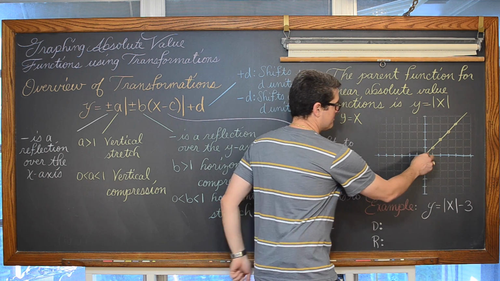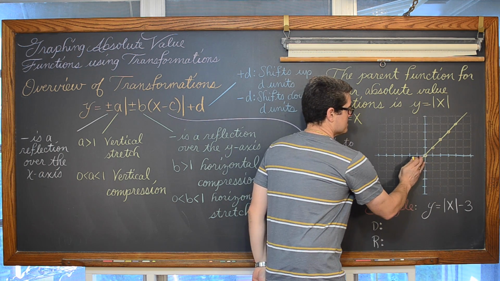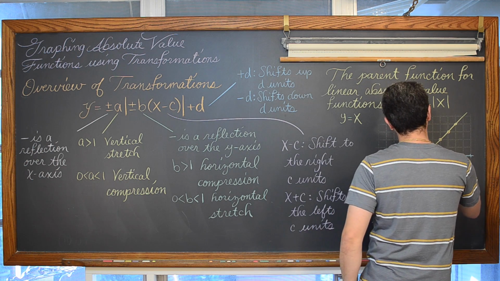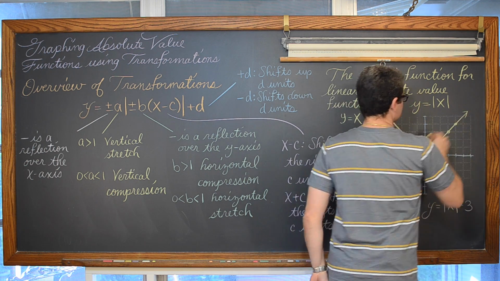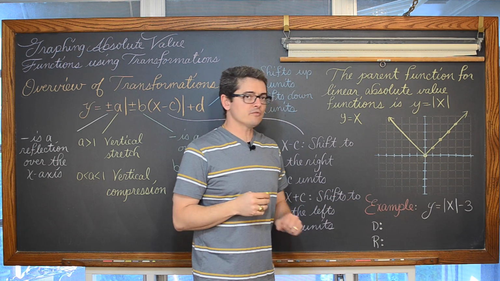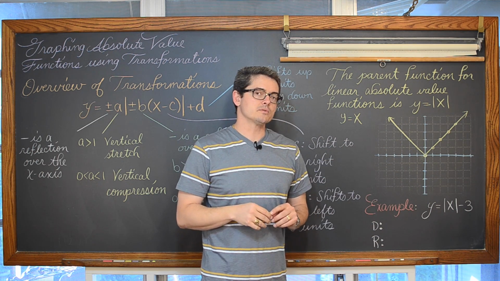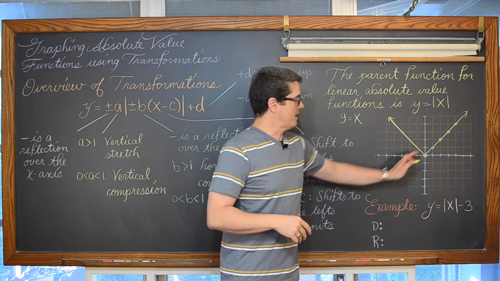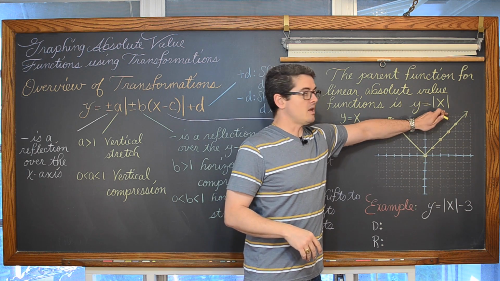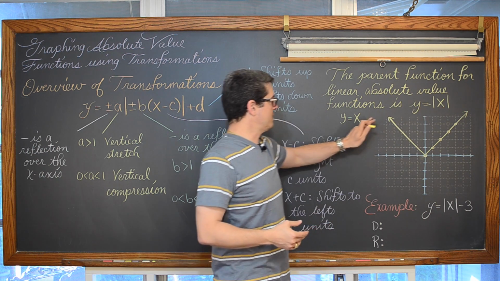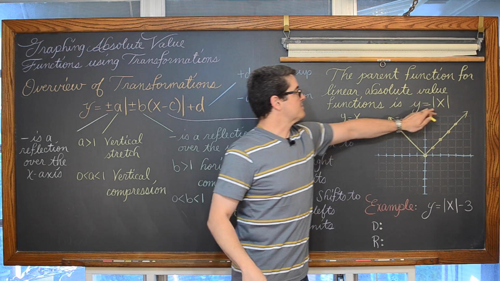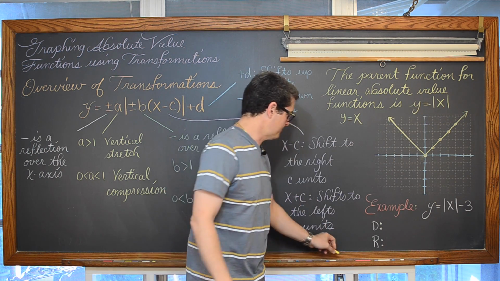So instead of dropping below the x-axis, we're going to reflect off of it. This is a sketch of the parent function, y equals the absolute value of x. Really all we're doing is graphing a line, but when it hits the x-axis, those y values, which would normally become negative, the absolute value makes sure they remain positive.